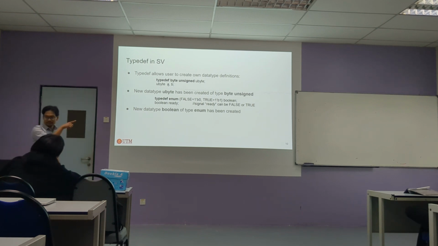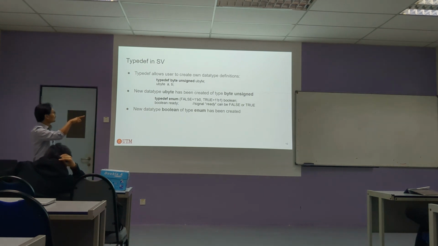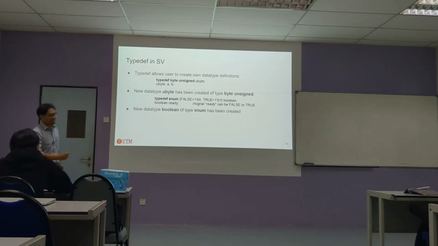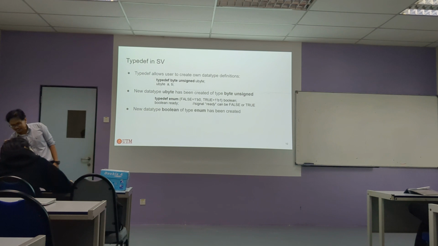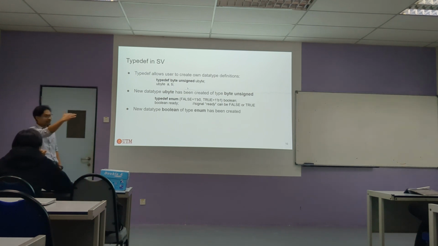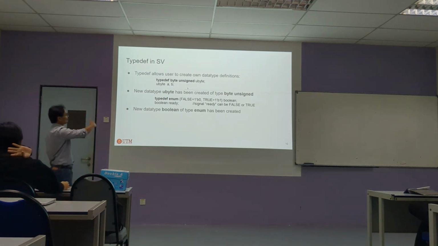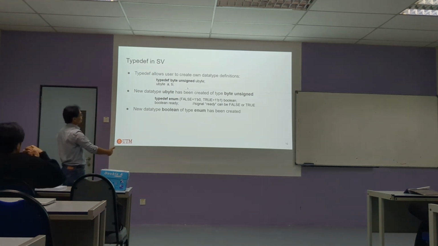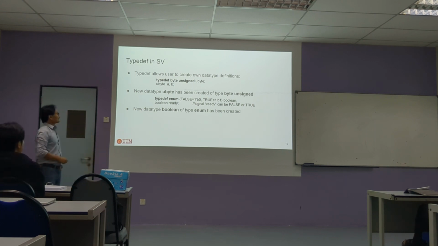So instead of putting byte unsigned A, you put ubyte A. Instead of byte unsigned B, you put ubyte B. So it's more concise, right? You type this once here, so you don't have to put byte unsigned A, B, many times. And further down, maybe some other variables you also want as byte unsigned, so you just do the same.